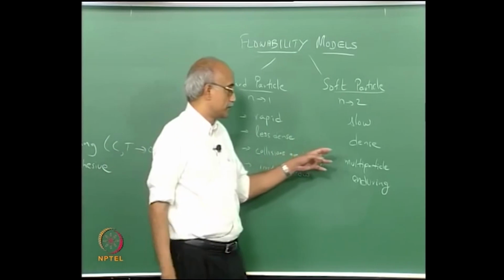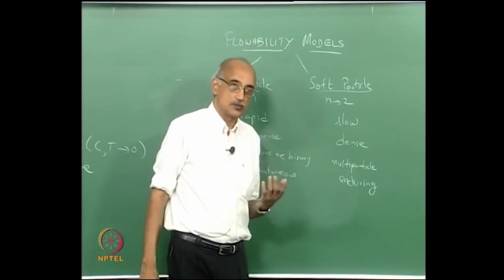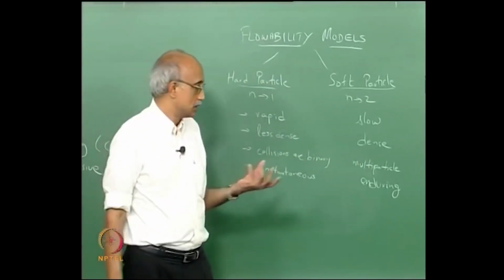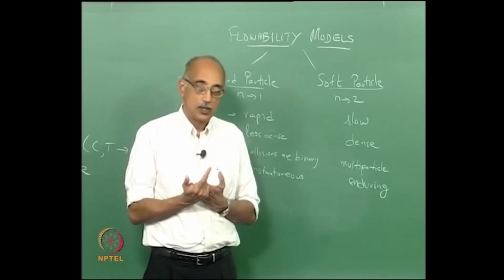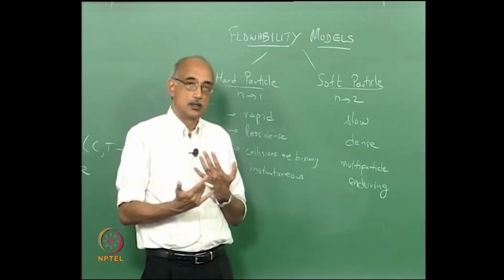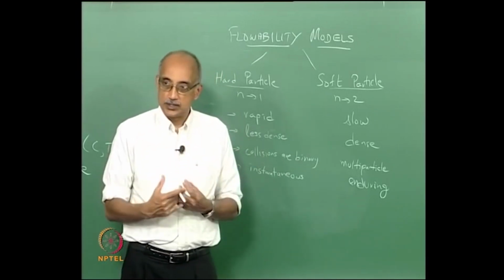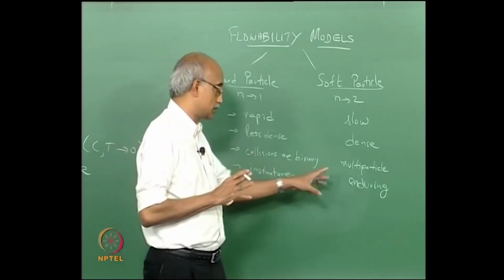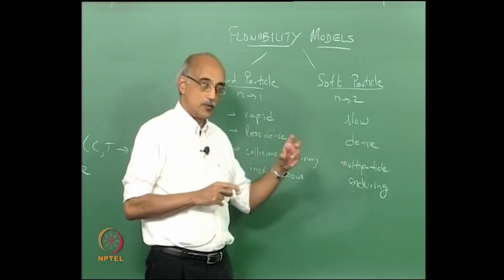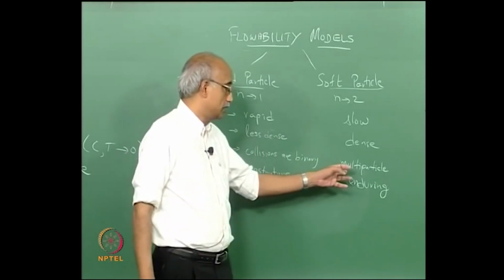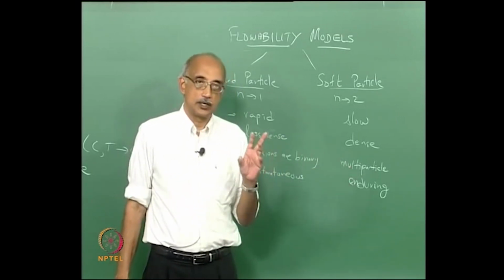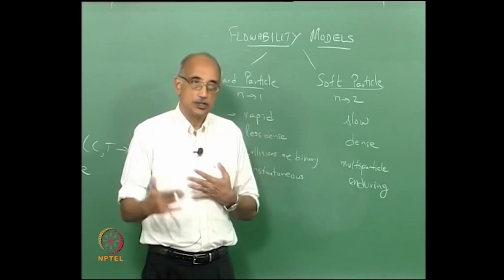Whereas in the case of the soft particle model, which applies for highly cohesive flows, when a particle touches another one, it tends to stick, and then other particles will come and stick to this cluster. So, essentially you start to model clusters of particles and how they move, and the contacts between these particles are enduring because there is nothing to break them apart.